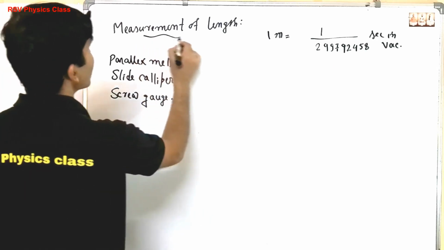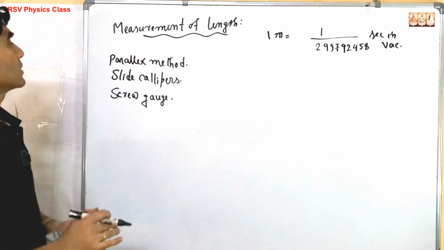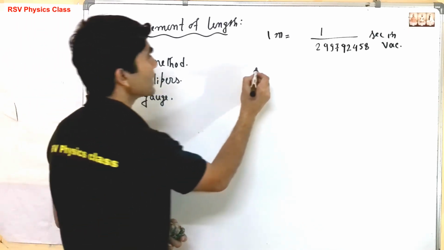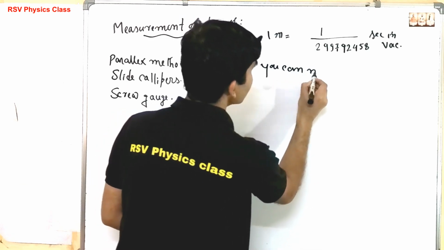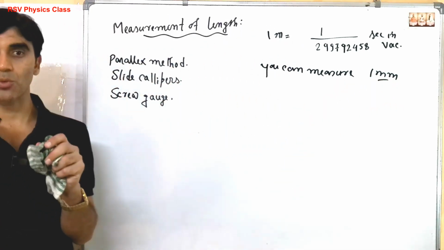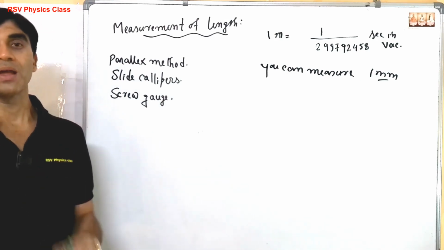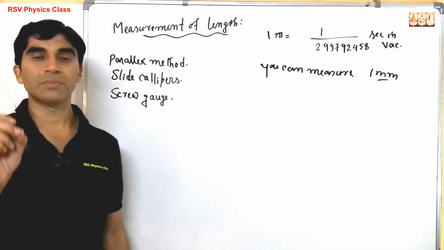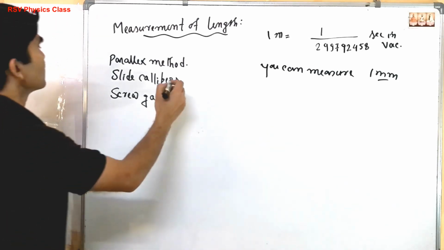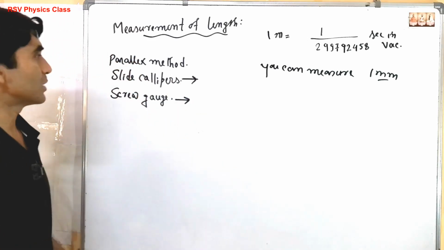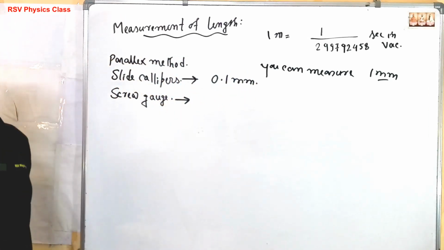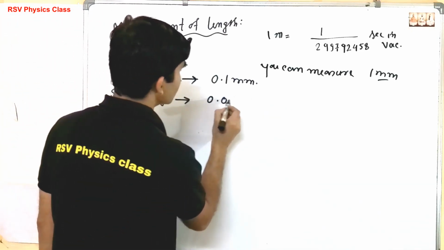So, measurement of length. How will we measure length? By using a scale, which we have used since childhood. By using a meter scale you can measure up to 1 mm. But if there is a distance between 1 and 2 mm, say 1.2 mm, you cannot measure that with a normal meter scale. That is why you require slide calipers or a screw gauge. By using slide calipers you can measure up to 0.1 mm, and by using a screw gauge you can measure up to 0.01 mm.